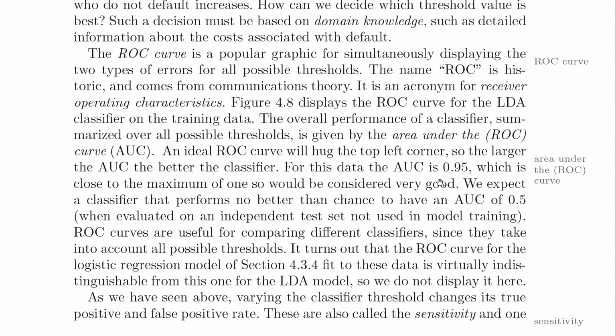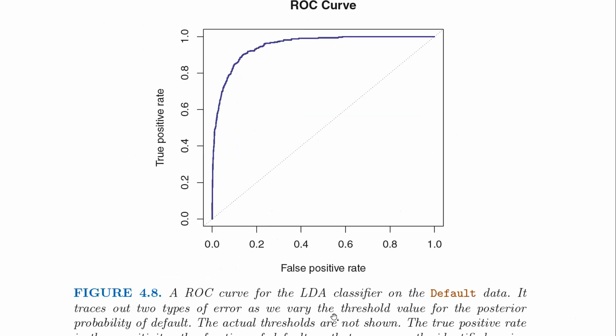And you want a large AUC, area under the ROC curve. So what is your largest area? Your largest area is of course 1.